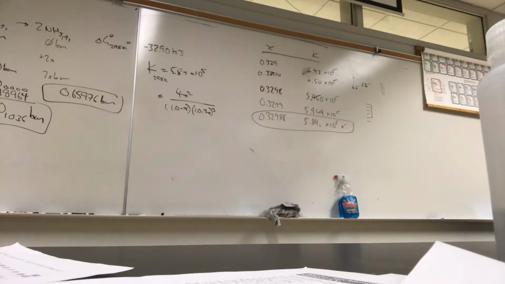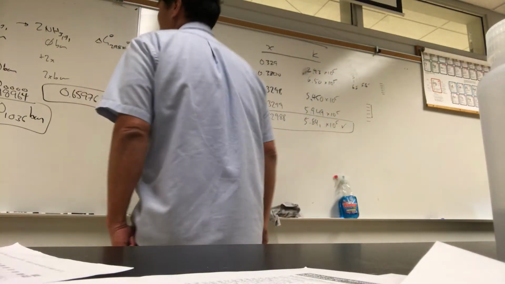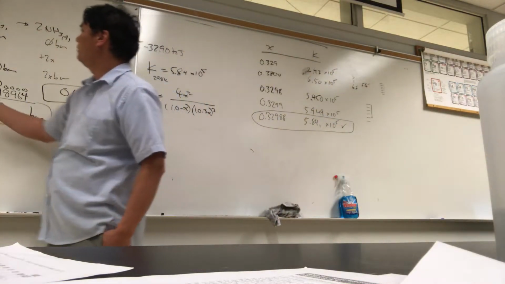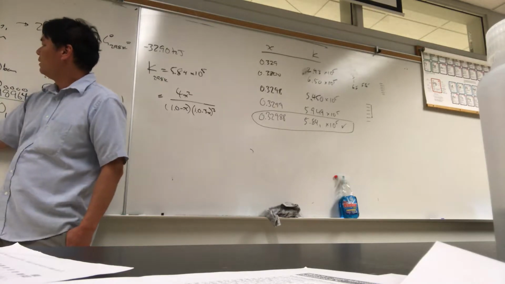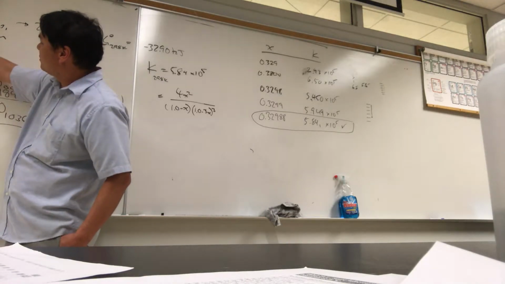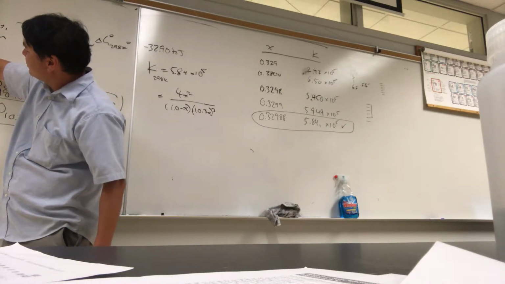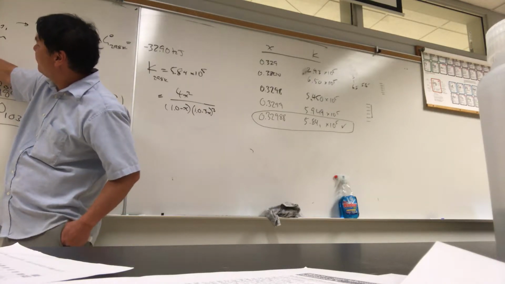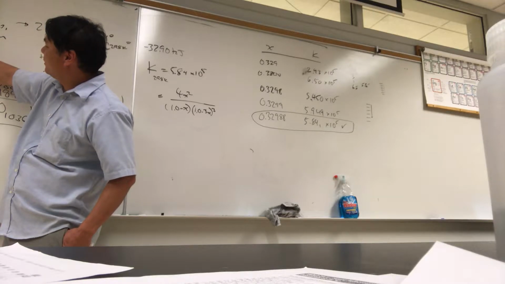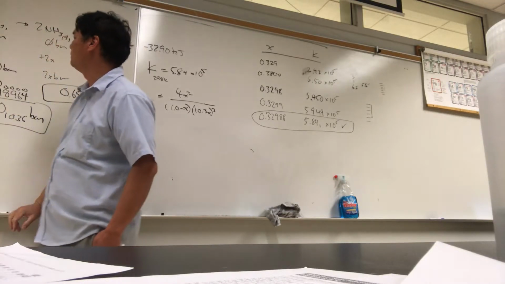There's no more change. And so what we're going to see is, well, how much reaction did we have? We didn't have 100%. We had less than 100%. If we were to base it on nitrogen, let's call this 100, then it looks like 32 or 33. If we base it on nitrogen, 32.988% reacted, or about 33% reacted.